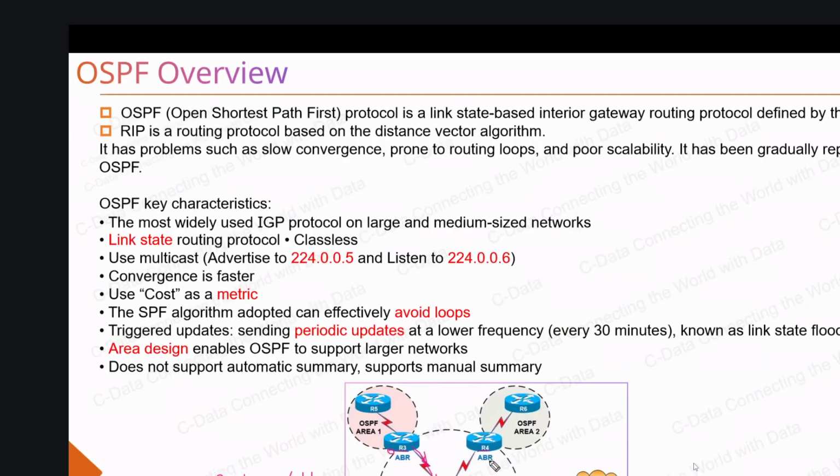Also router 4 needs to tell router 1 what information it has, the routing table. So where to send? All those routers 3, 4, 2 send to this IP address, 224.0.0.5.